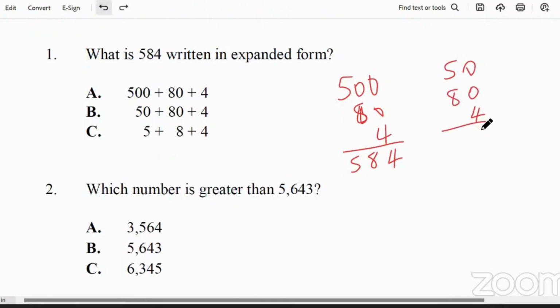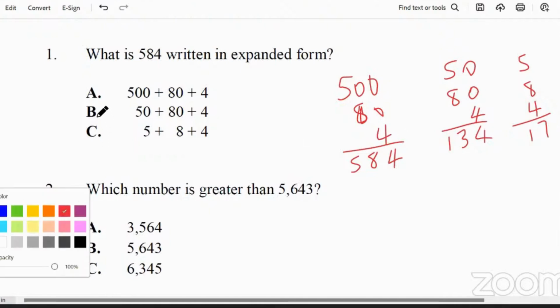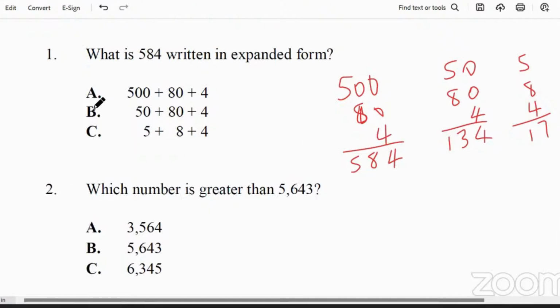Oops, see, making mistakes already. Okay, so this is 4, and 8 and 5, that's 13. That does not give me 584. If I do the same thing with 5 plus 8 plus 4, 13, that's 17. That does not give me 584. So the correct answer for number 1, I hope you guys did your working out before I did, would be A.